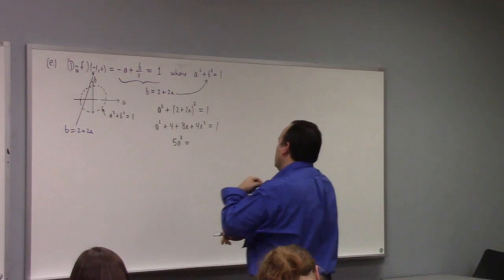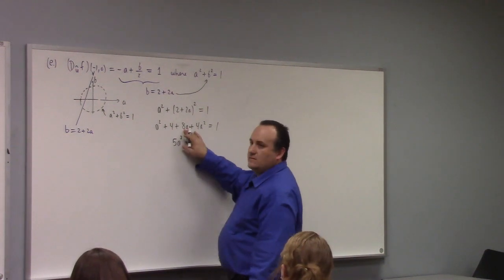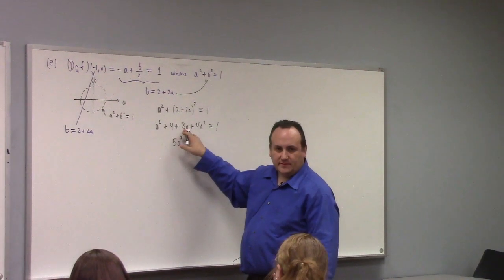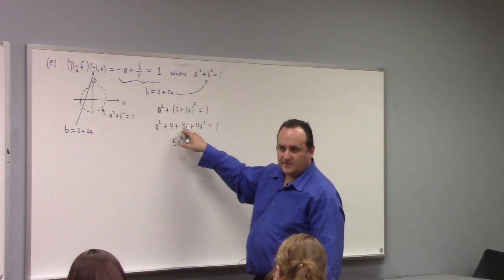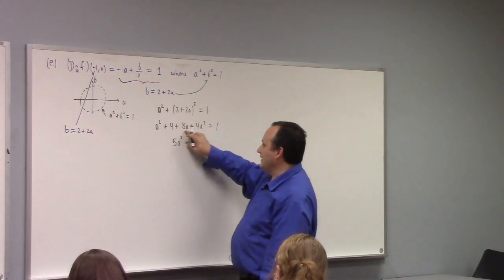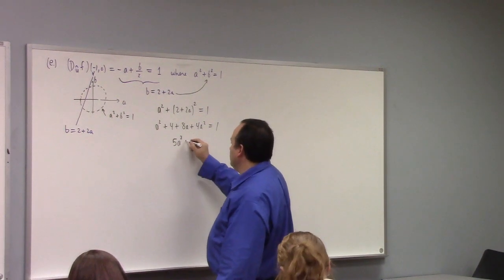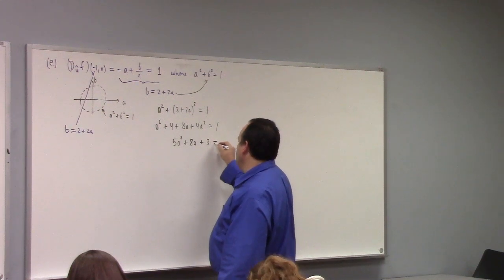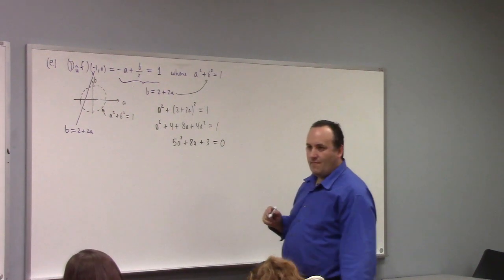Never mind. I didn't see this a here. I was seeing this as something squared equal to a negative number, which made me stop in my tracks. But it's not that. There's an 8a. So I have 5a squared plus 8a plus 3 is equal to 0, right?